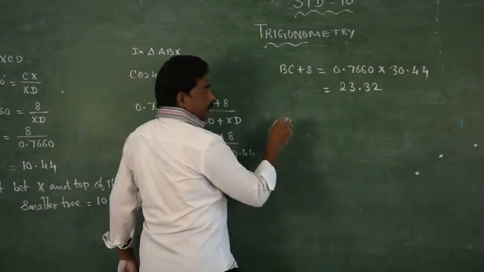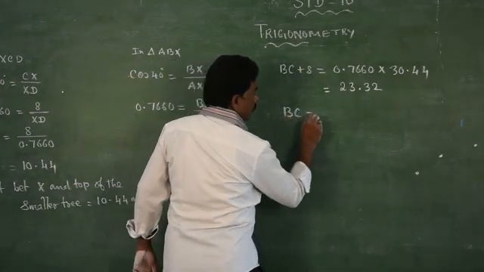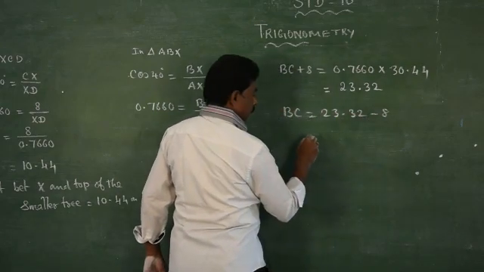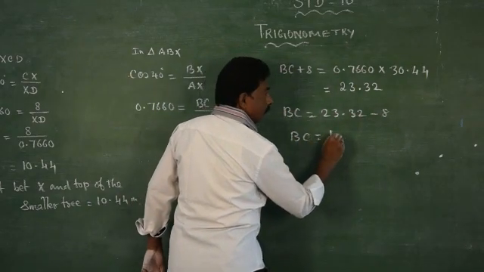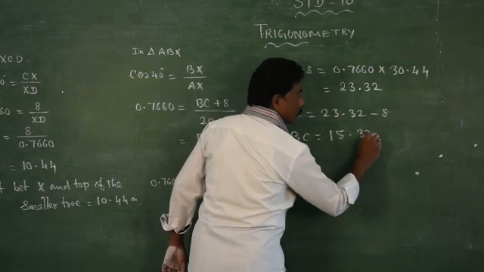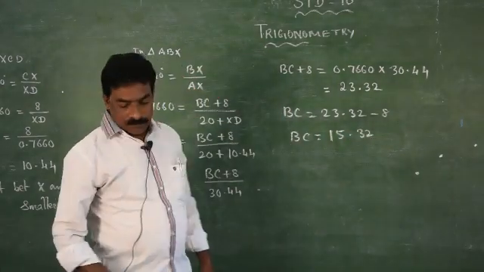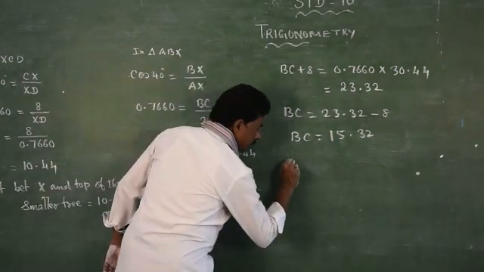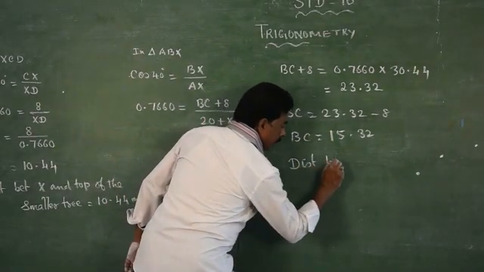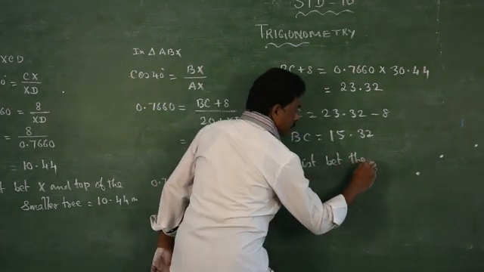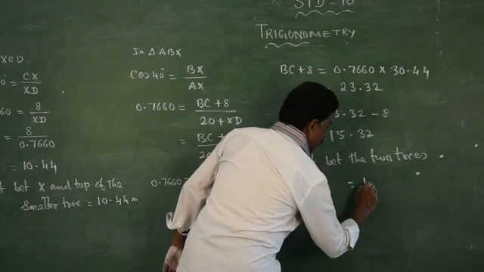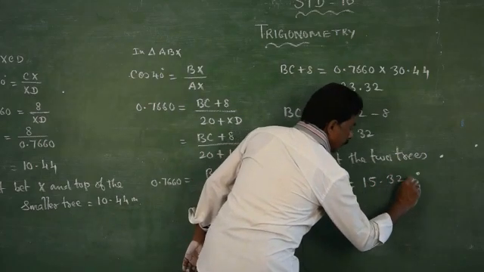That is BC plus 8. Therefore, BC is equal to 23.32 minus 8. That is BC equal to 15.32. So that is the second question, the distance between the two trees, equal to 15.32 meter.